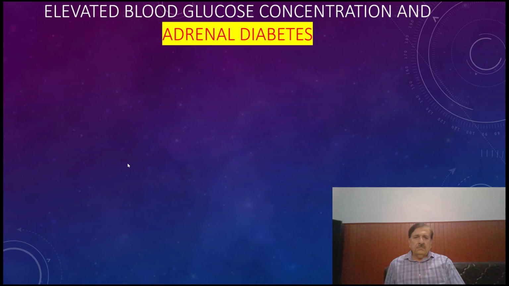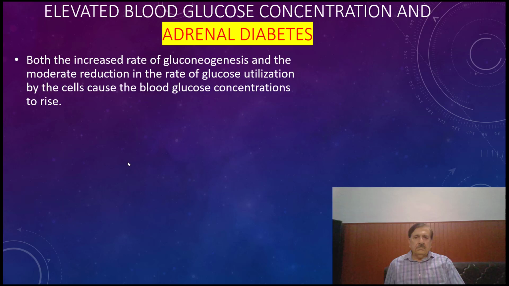Elevated blood glucose concentration and adrenal diabetes. Both the increased rate of gluconeogenesis and the moderate reduction in the rate of glucose utilization by the cell cause the blood glucose concentration to rise.